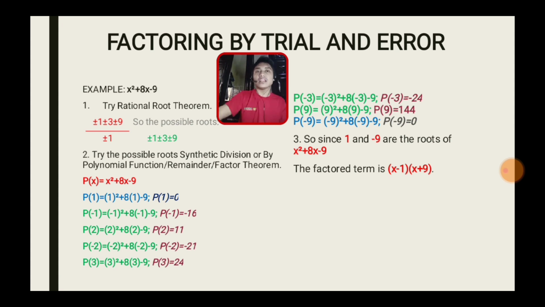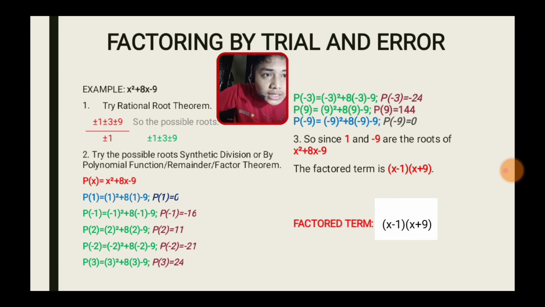Same sa negative 9, pag tinranspose sa kabila, magiging positive. And so, yan na yung factored form: x minus 1 times x plus 9.